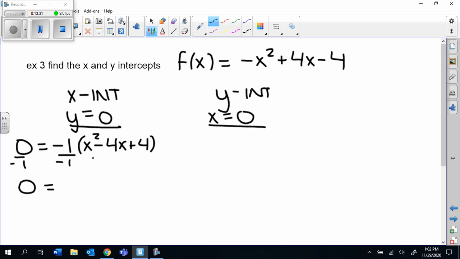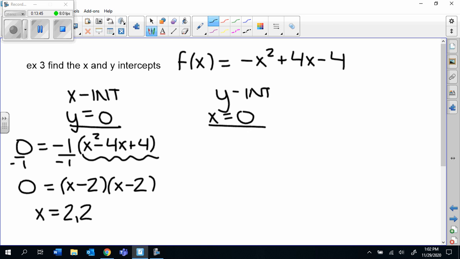So I can factor this piece right here to x minus 2, x minus 2, or x minus 2 squared. But I wanted to show you that we get 2 twice. So since it repeats, it's known as a double root. And so therefore, we only have to write it once. There is the x-intercept there.